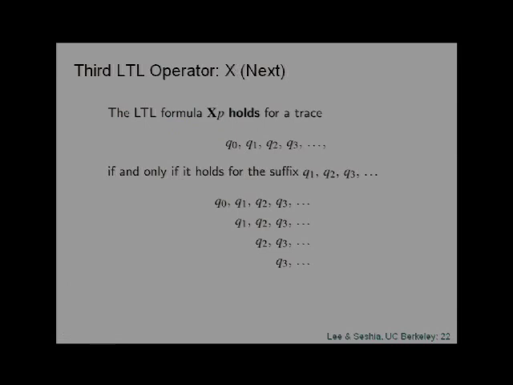So we'll see examples of X of p coming up. I want to make one more point here. Just like we could combine operators in the previous two that we saw, we can combine G and F. You can actually combine X operators together to count more than one step.